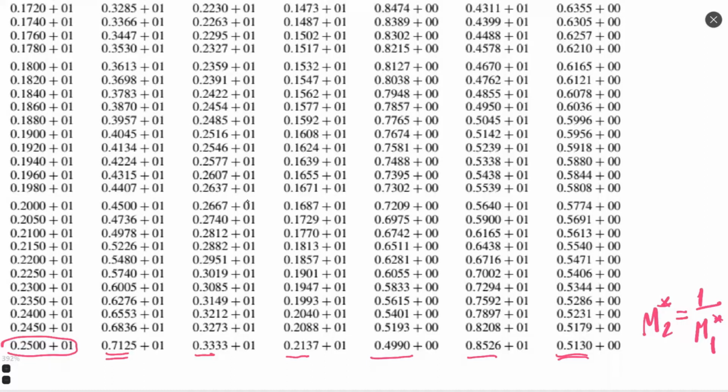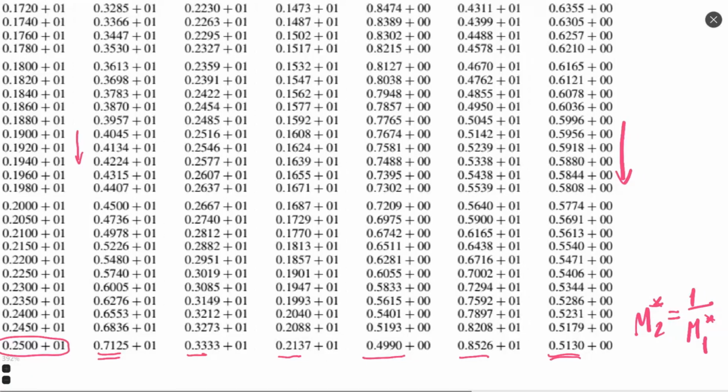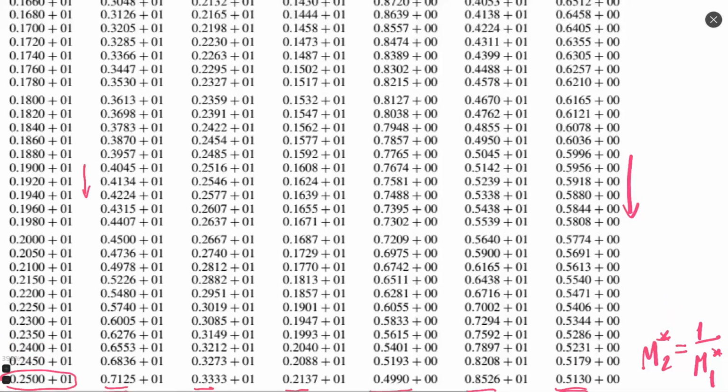You can see that in this direction, Mach number increases, and in the same direction, Mach number decreases in the last column. Just a moment. Yeah, that's fine.